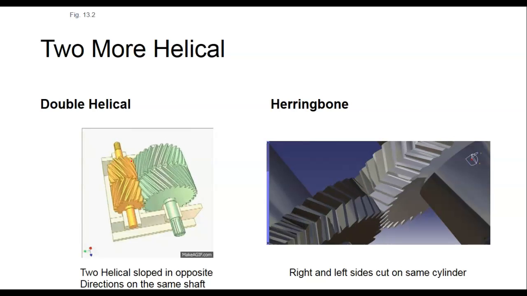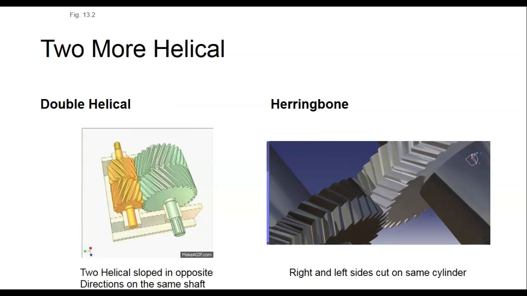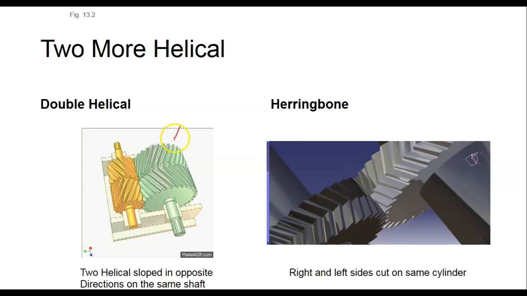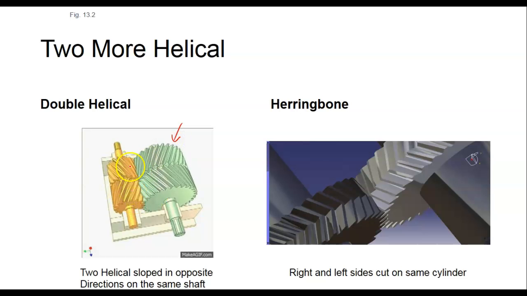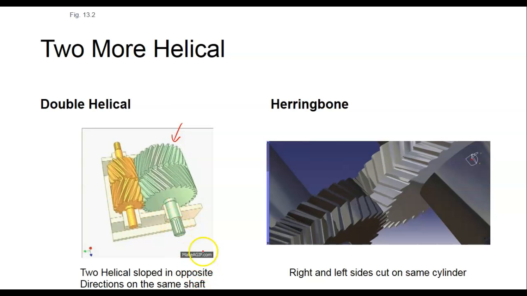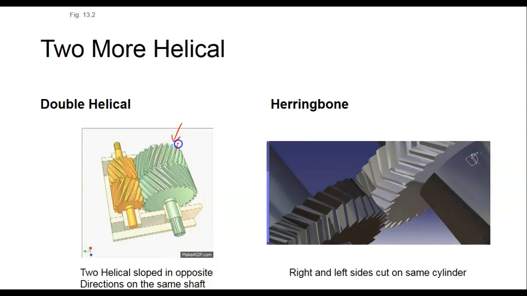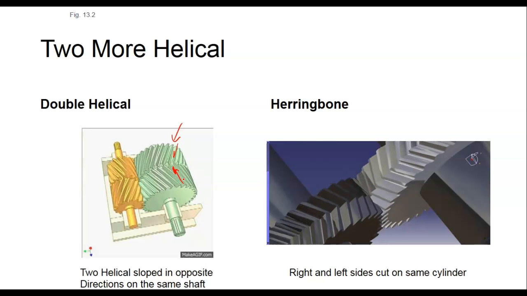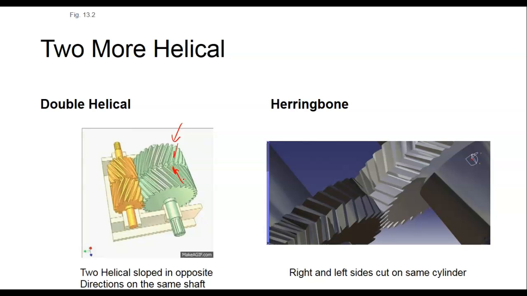Biggest problem with these, of course, is they're a lot harder to make. These are actually two standard helical gears mounted on the same shaft. So this one will be pulling one way, this will be pulling the other way, and they cancel out.